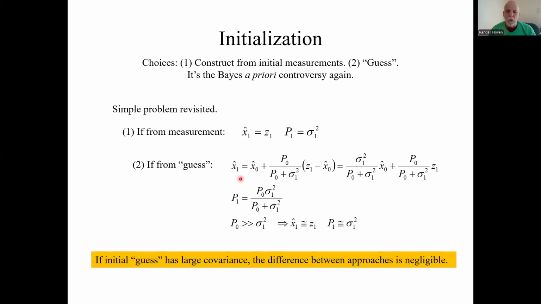If you start out with a guess, a pre-estimate of your state and a pre-estimate of your error covariance, but you choose a big enough initial error covariance, one you guess at before you get any real measurements, large compared to your measurement error, then after processing that first measurement you'll get about the same solution as this solution anyway.